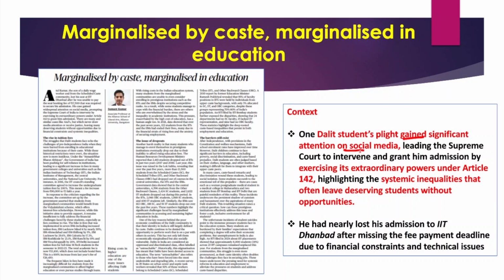That particular Dalit student was not able to pay the tuition fees, and in fact the college almost decided to expel him from the institute because he was unable to pay the tuition fees. This attention on social media led the Supreme Court to intervene and grant him admission by exercising the Supreme Court's extraordinary power under Article 142 of the Indian Constitution.